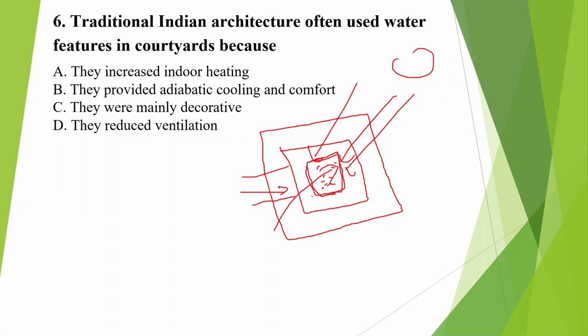The first option says they increase the indoor heating, but this indoor heating cannot be increased. So option 1 is absolutely incorrect because it will create a cool environment nearby.